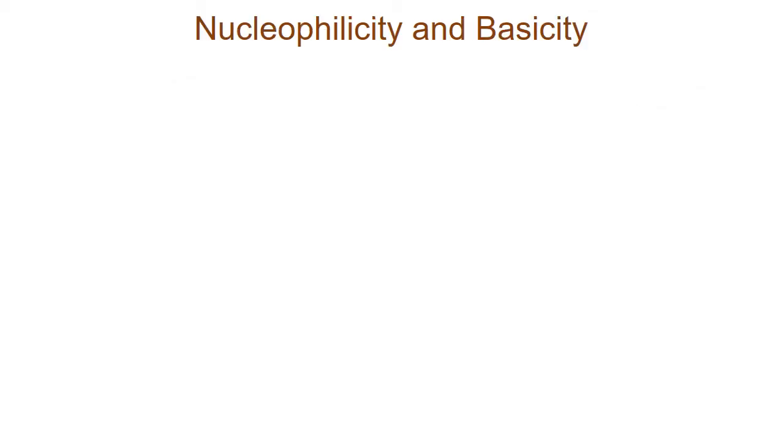Before we move on to differentiate between SN2 and E2 reactions, we have to be able to identify reagents as nucleophiles or bases. Nucleophilicity is a kinetic phenomenon, which means it deals with the relative rates of reactions.